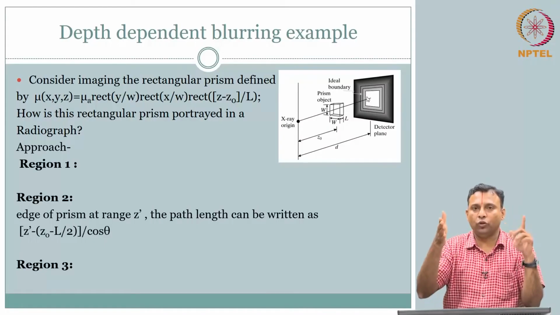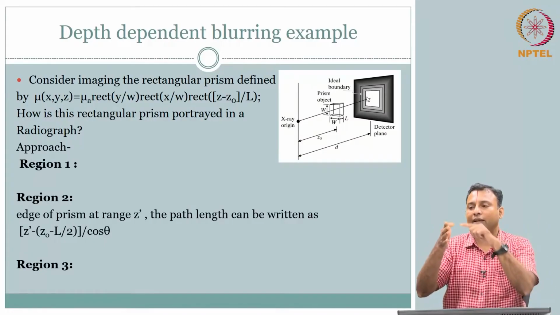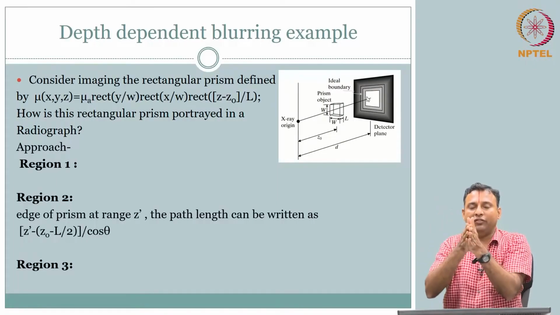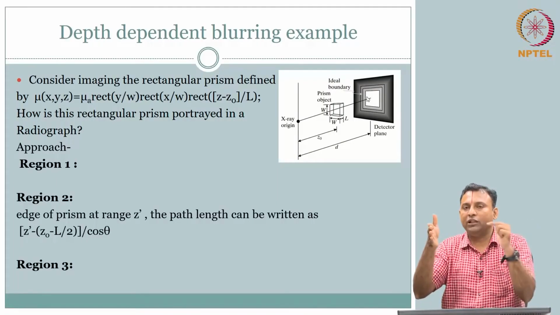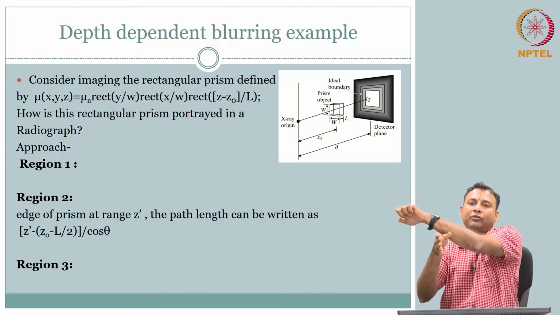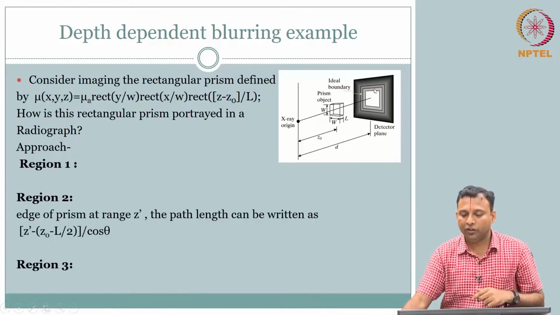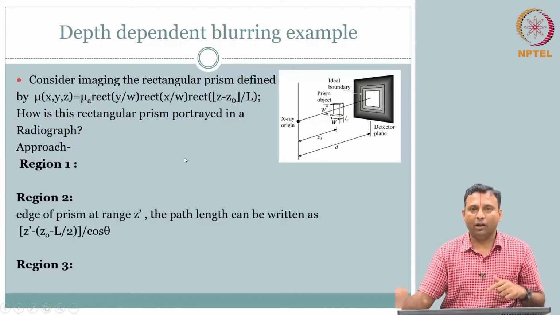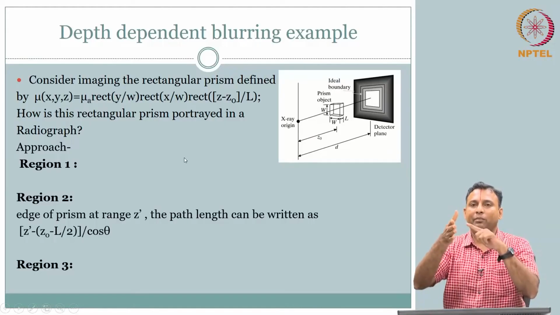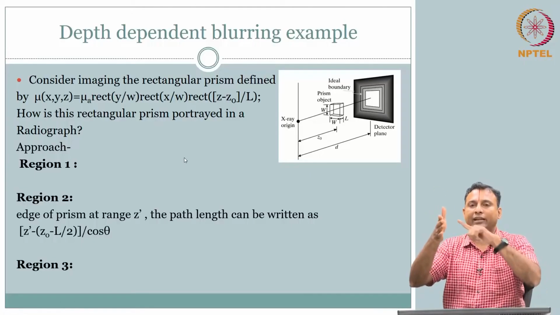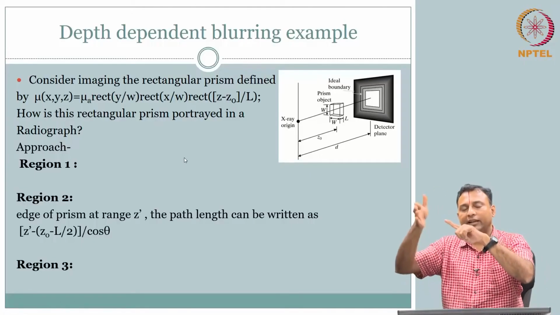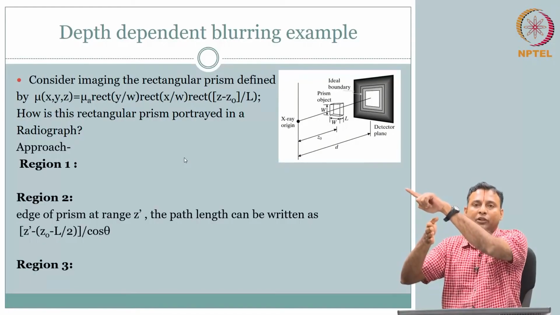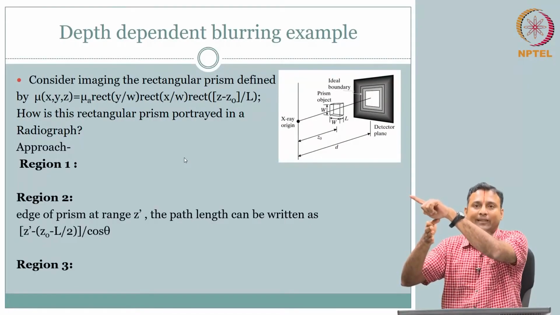So the first region is no issue: everything goes in through the front face and comes out through the back face, and you will get an image for which we know the equation already. But region 2, which is complicated, is where the X-ray goes in but exits because of the angle, before it reaches the end face. That is also going to be observed in the detector plane, partially.